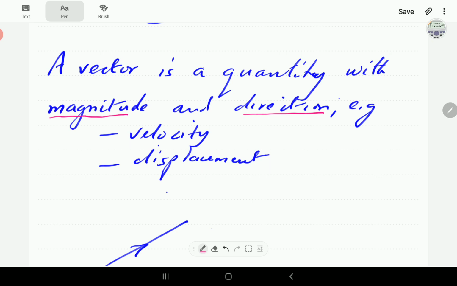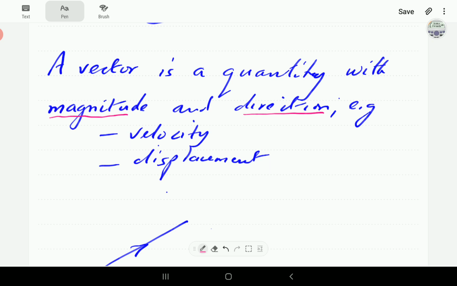In displacement, for instance, if you say an object traveled 6 meters or 2 kilometers, that has got only magnitude. In order for it to be a vector, I'd have to say an object traveled 2 kilometers in the northeasterly direction, for instance. Then that becomes a vector.